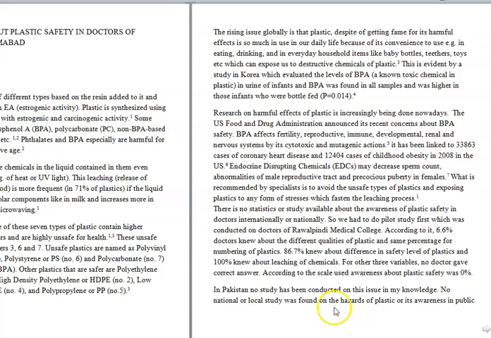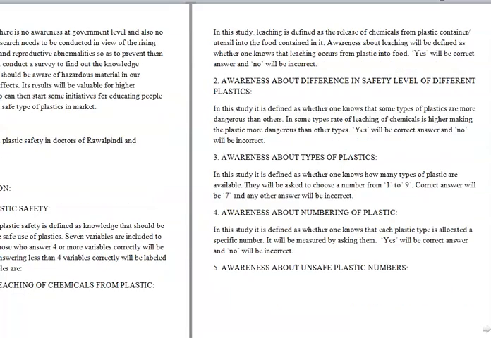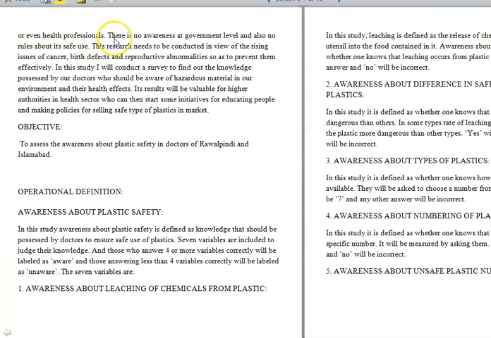No national or local study was found on the hazards of plastics or its awareness in the public or even health professionals. There is no awareness at government level. So I have set a stage for the reader to get interested in my topic in the introduction.